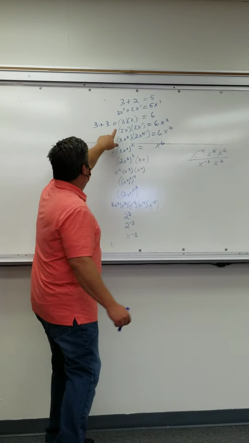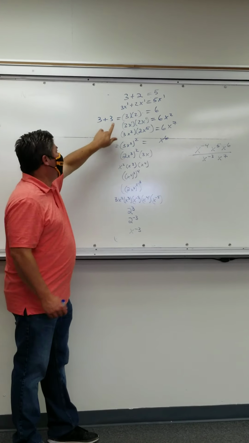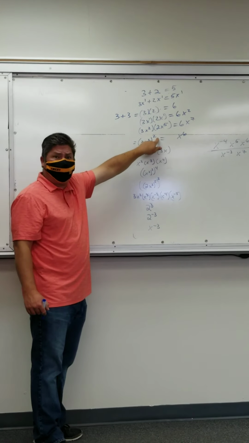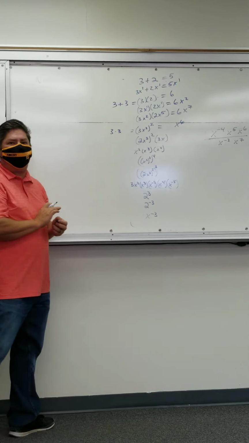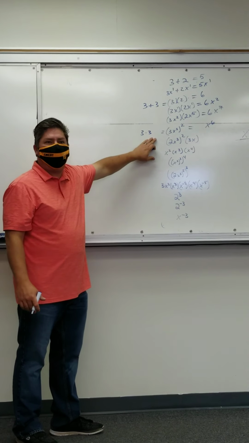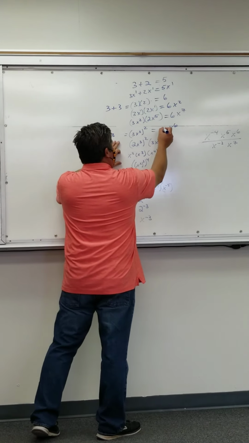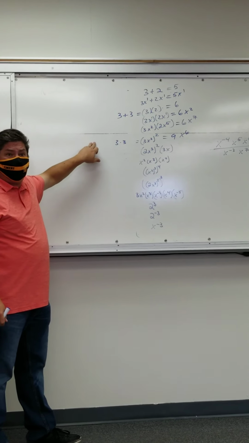Up here, we had 2 threes, but we did what? We added them, but now when we have an exponent here, we're going to have 2 threes, but we're going to times them. So 3 times 3 is what? 9. By the way, I could break that down even more and write 3 plus 3 plus 3.